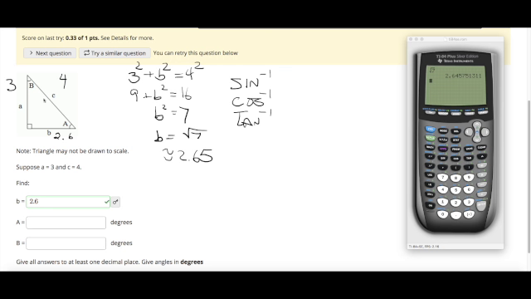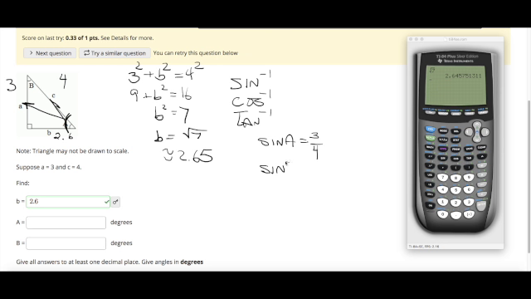So I need to pick any two of these sides. Let's start with angle A. For angle A, I have a 3 and a 4. That's opposite over hypotenuse, so the sine of A would be equal to 3 over 4. But to get the angle, I need the inverse. It's kind of like when we did logarithms too.